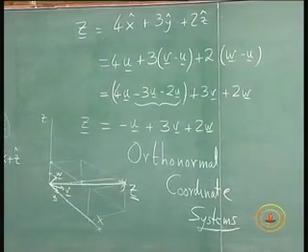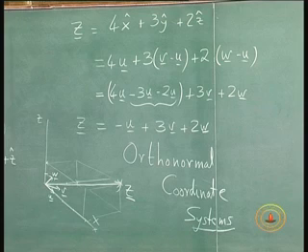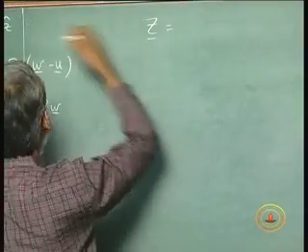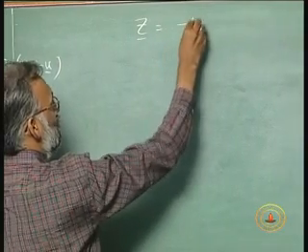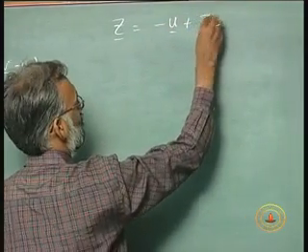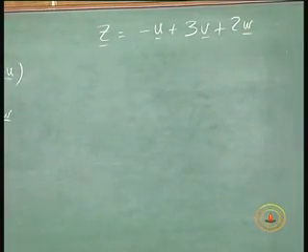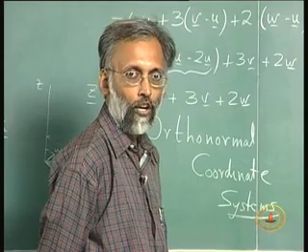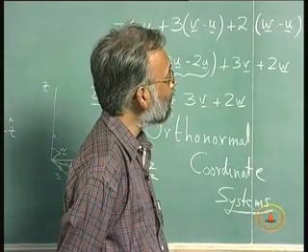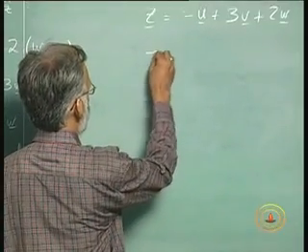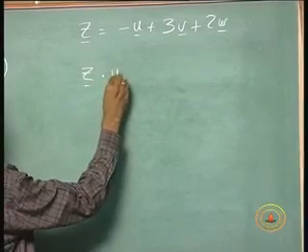So, what is an orthonormal coordinate system? For any vector z, I can always write my minus u plus 3v plus 2w. Supposing I now want to take the dot product of this z along some direction. So, I say I want to know how much u there is.